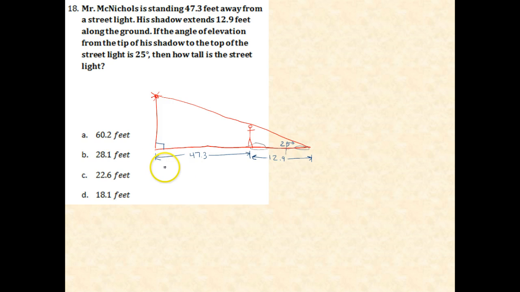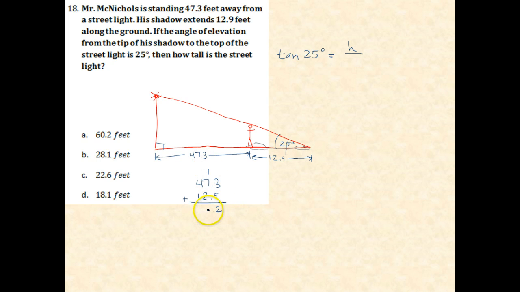We're going to find out the total length of this adjacent side, and then we're going to use tangent to find out the length of the opposite side. Tangent of 25 degrees is the opposite, which is the height we're looking for, over the adjacent, which is 47.3 plus 12.9.